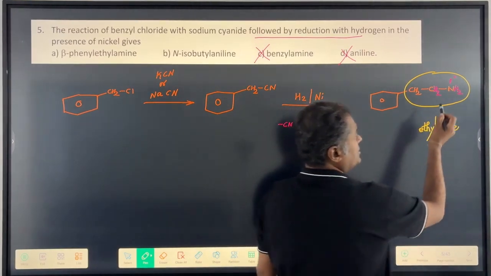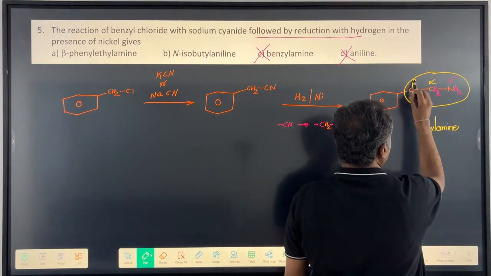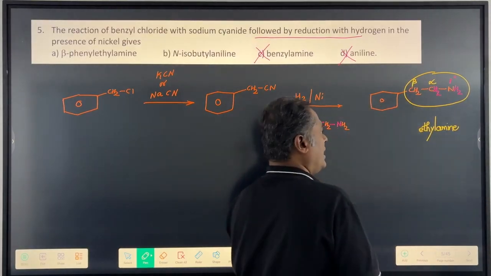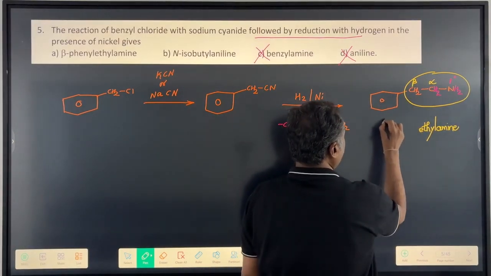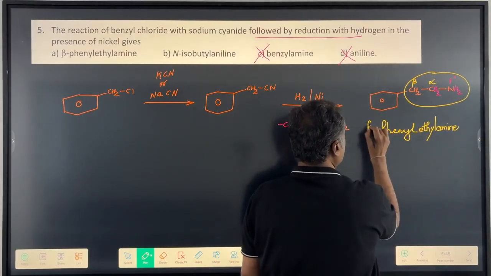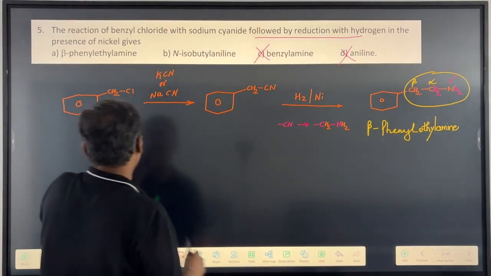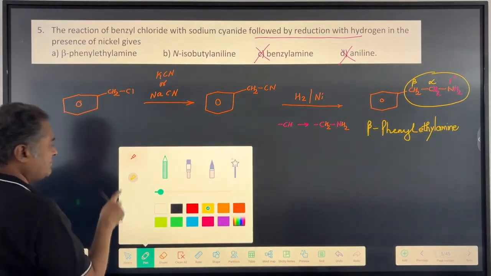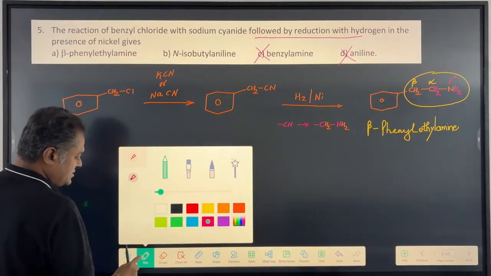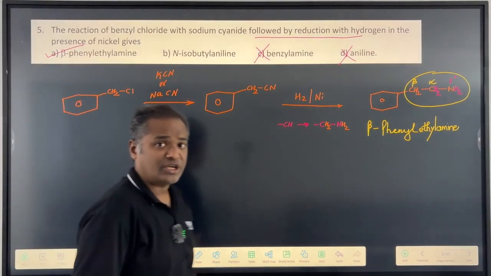So, here the carbon atom which is attached to the functional group is called alpha. The next one is beta. So, can I say that it contains a phenyl ring at the beta position? So, can I call it a beta-phenylethanamine? And that is why the correct answer, child, is answer A. I hope this is clear, child.